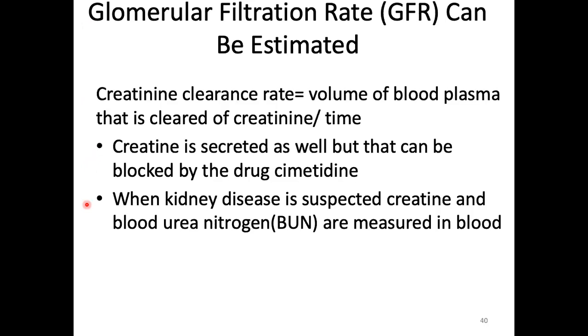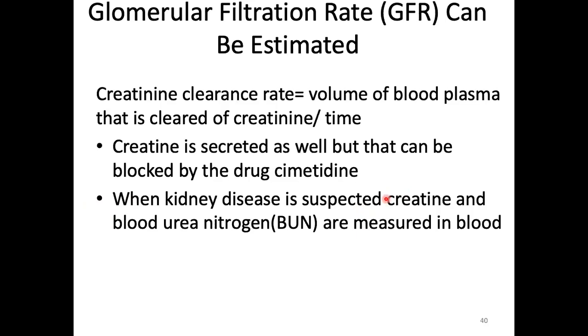So when you go through metabolism, you are making urea and creatinine. Those are your waste products. Those get kicked out by the kidney; they get filtered out through the glomerulus and secreted from the proximal convoluted tubule. When kidney disease is suspected, they're going to look at creatinine and blood urea nitrogen in the bloodstream.